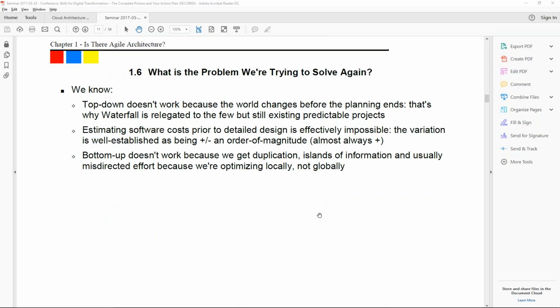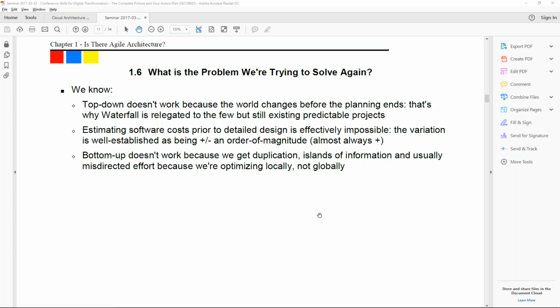Okay, so what does that give us? Making a bunch of decisions top-down doesn't tend to give us solutions because the world changes before we finish our planning. Waterfall has been drifting to a few projects.